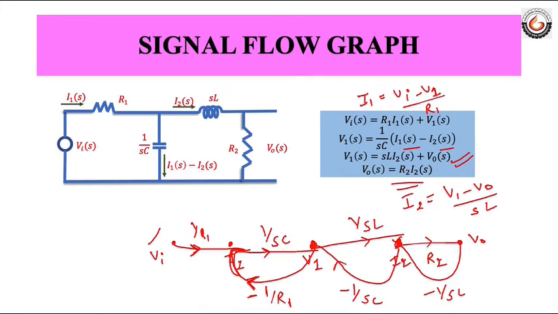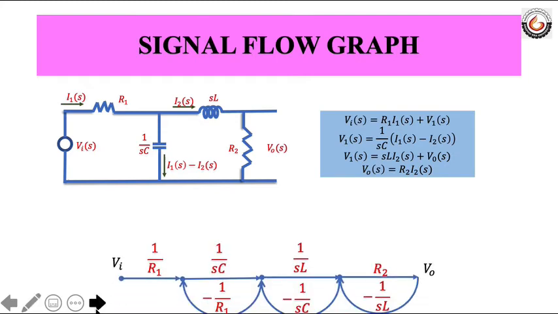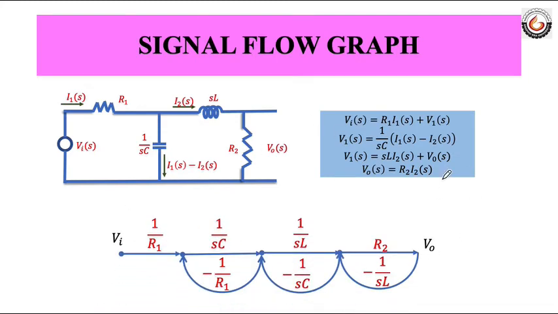Okay, so this is my signal flow diagram. This is exactly representing all the equations that we have written here. So I will just make it in a proper way. So this is my signal flow graph and it exactly represents all the equations that we have written over here.